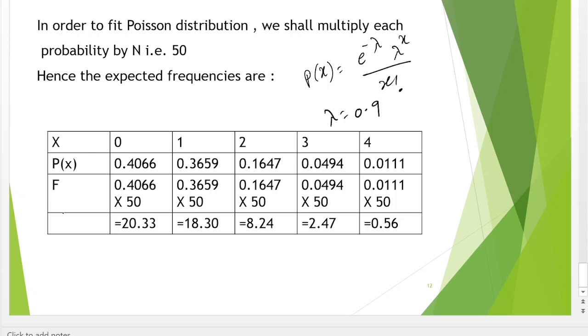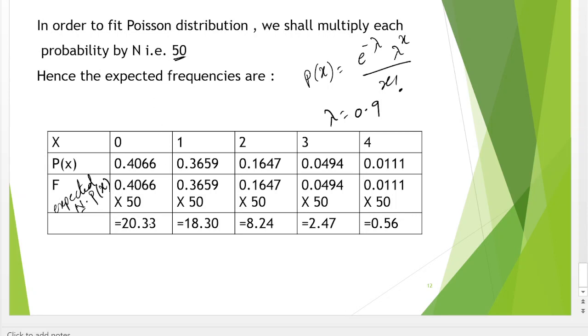These are the probability values, and f is the expected frequencies. The expected frequencies are calculated using the formula n into probability of x. We already calculated the probability values. Then multiply these probability values with n. The n is 50 days.